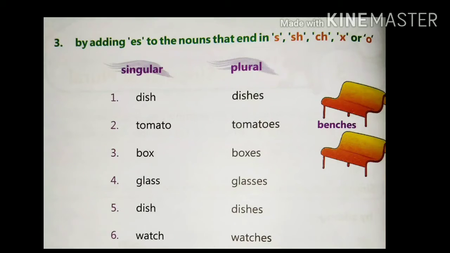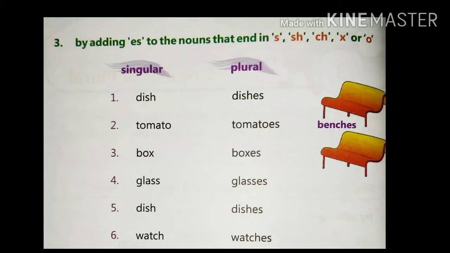Children, all these words that end in letter s, sh, ch, x and o, we add es to them. You have to remember these letters: s, sh, ch, x or o. All the words that end with s, sh, ch, x and o, we add es to make plural.